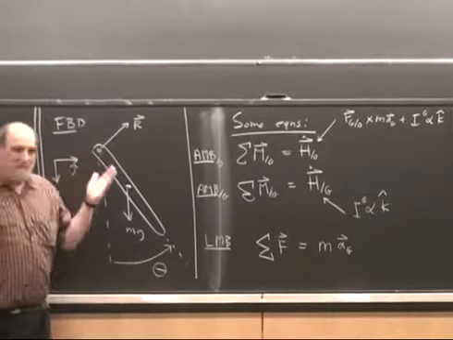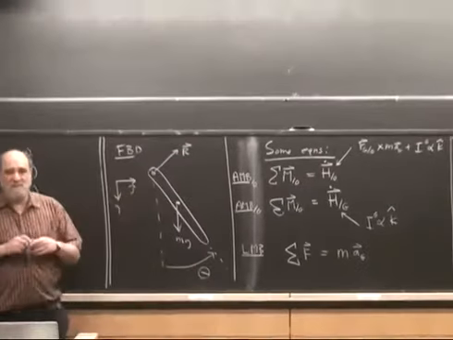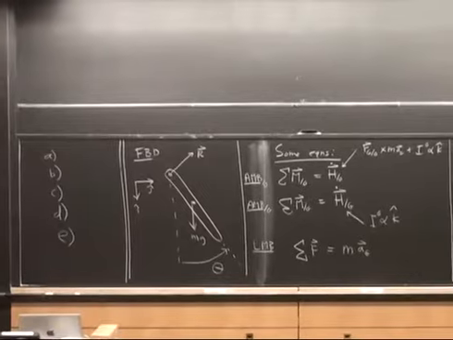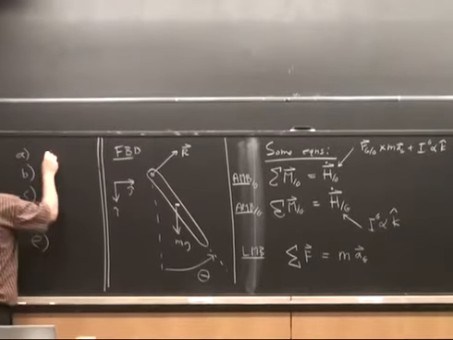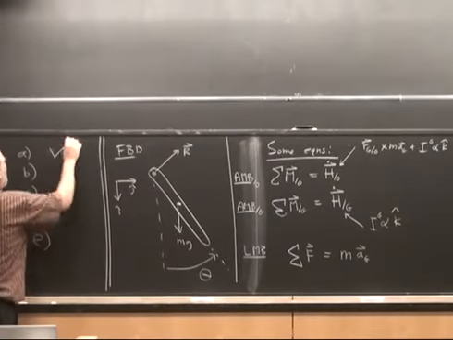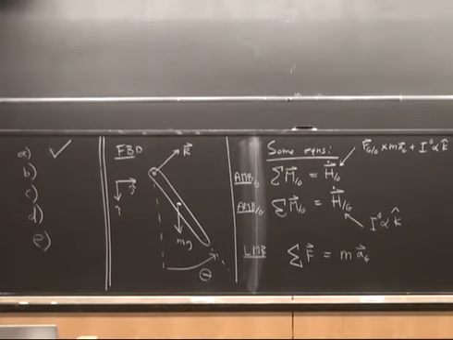So if you don't like the hand-waving argument, you can go through all the calculation to do it. But I'm doing the hand-waving argument because I'm trusting that you will learn how to do the algebra and let you take advantage of this intuitive reasoning, which I can offer to you.